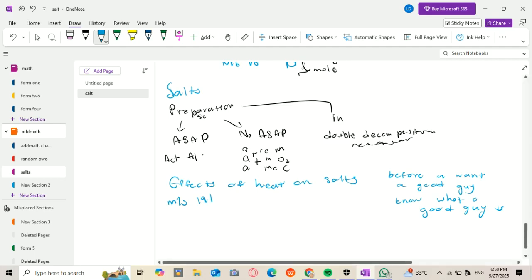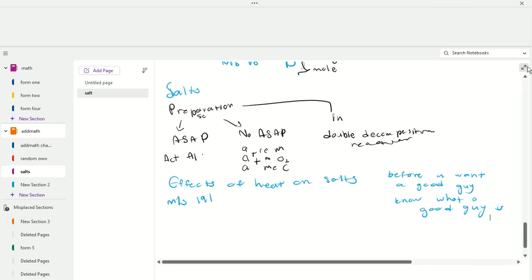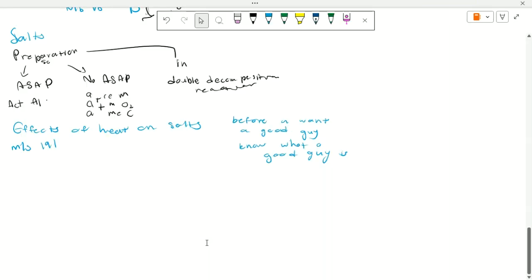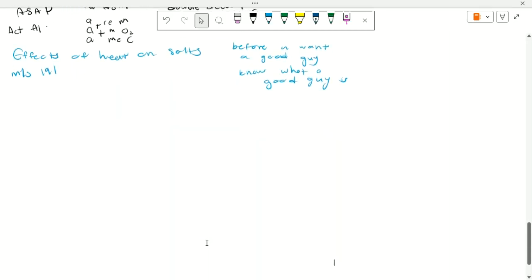So now we're going to be moving to qualitative analysis. For qualitative analysis, we have 3 steps.